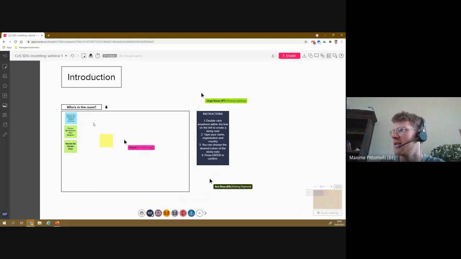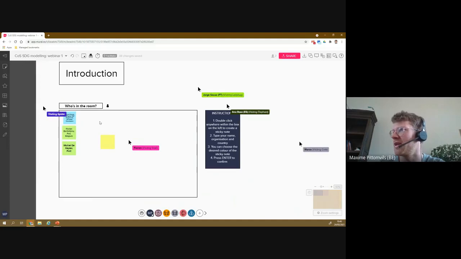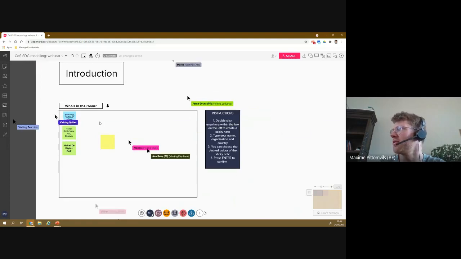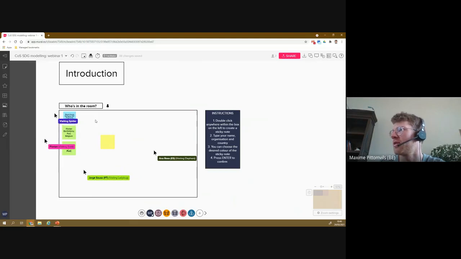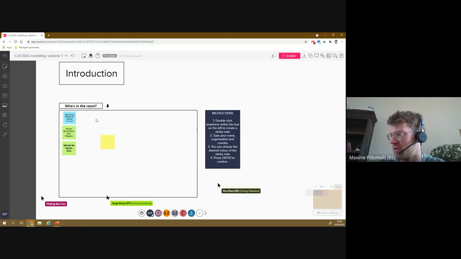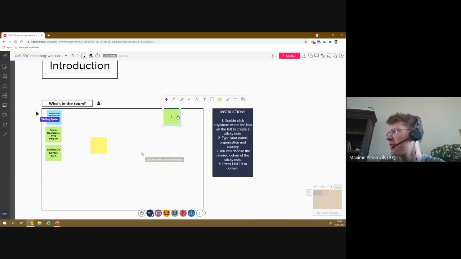The idea is just to double click and create a sticky note. And then you can type in there your name and your organization and country. So I will shortly do it. I'll double click anywhere in the box you can choose, like this. Then I will type my name and my organization and country.